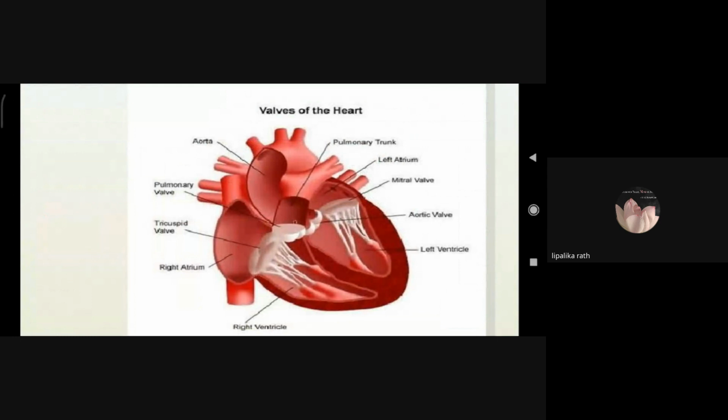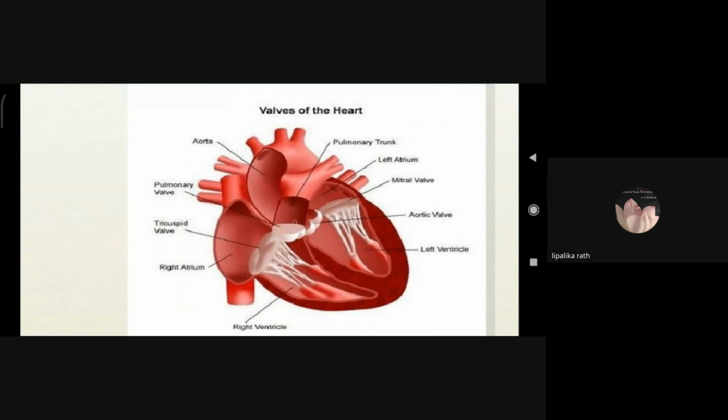You can see in this picture the white color is depicting valves. So they are connected from the bottom or from ventricles. Okay, so this is the structure of valve.